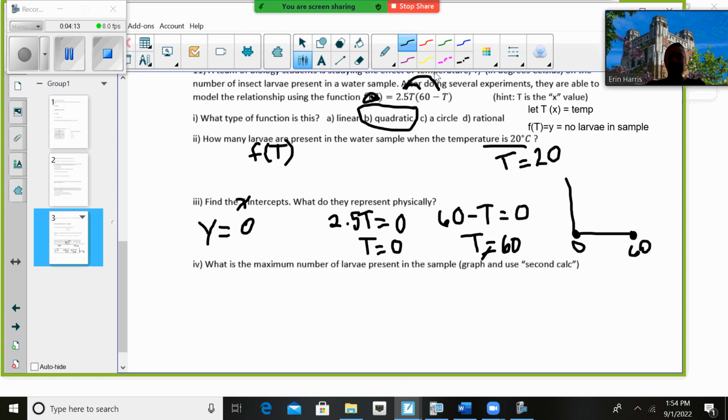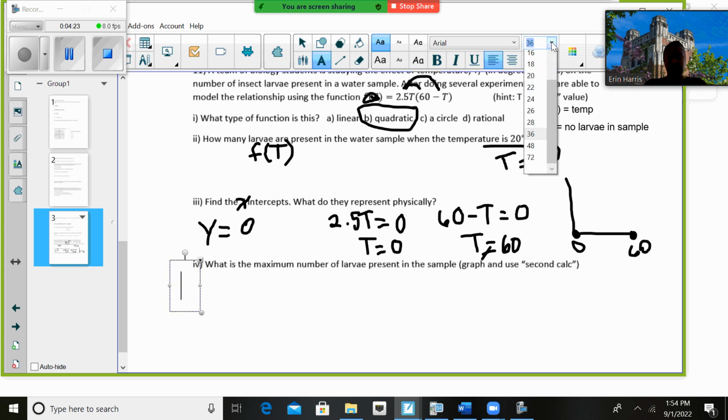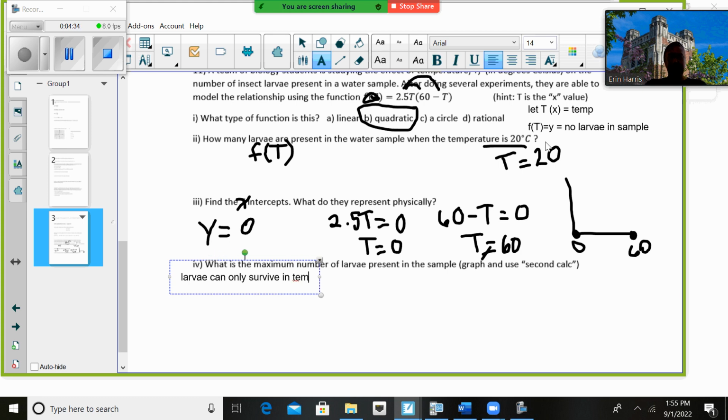So how do we interpret that? We could talk about the domain then being 0 to 60, or simply write, larvae can only survive in temps between 0 and 60 degrees.